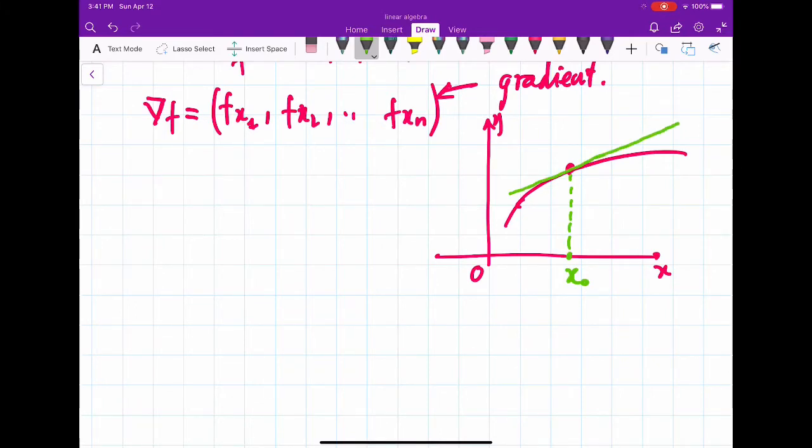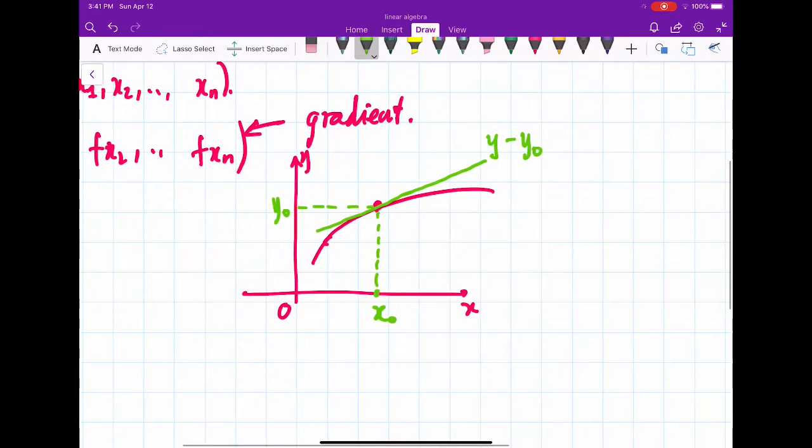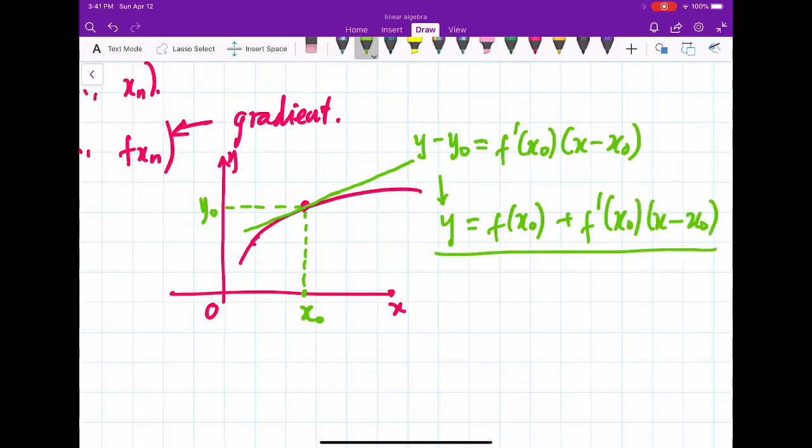So the tangent line looks like y minus y0, where y0 is the function value at x0, equal to the derivative of this function at x0 times x minus x0. And we can rewrite this as y equal to f of x0 plus f prime of x0 times x minus x0. That is the equation of the tangent line right here.